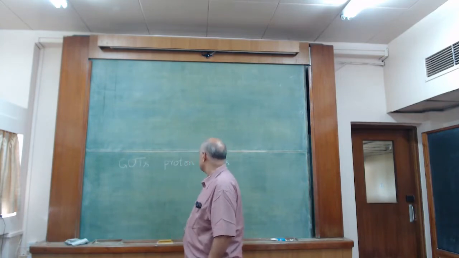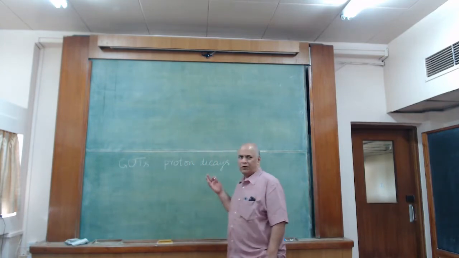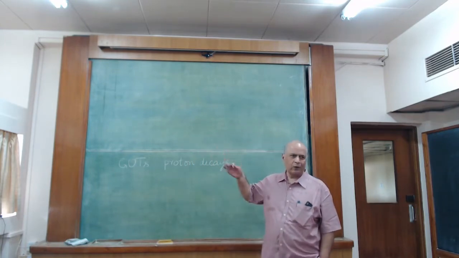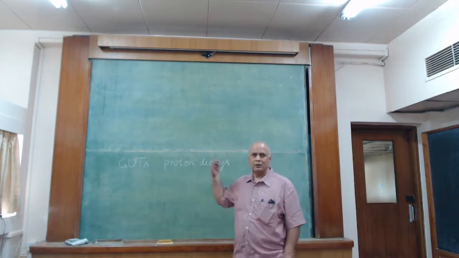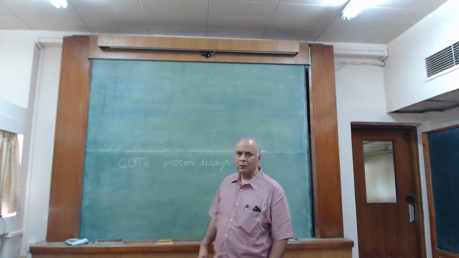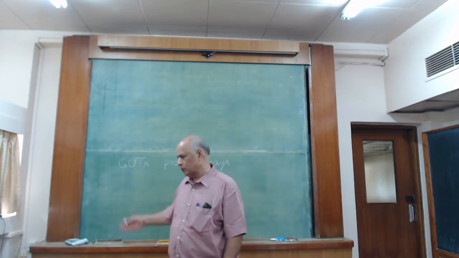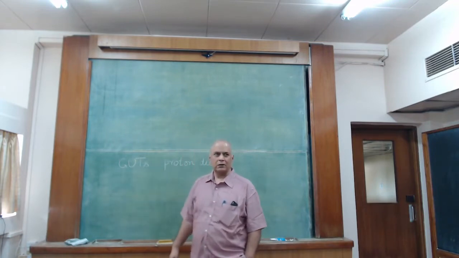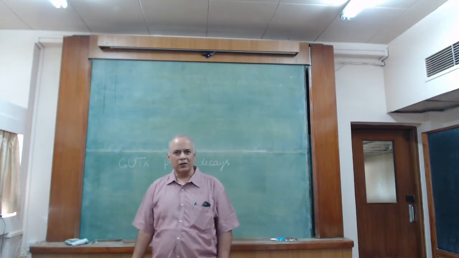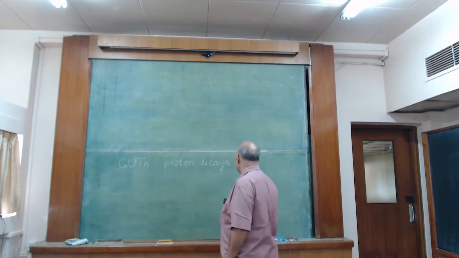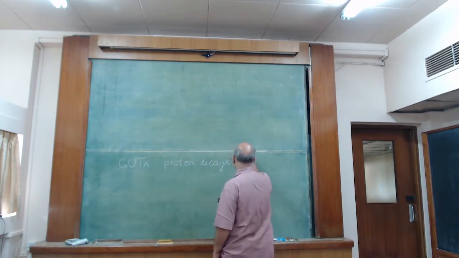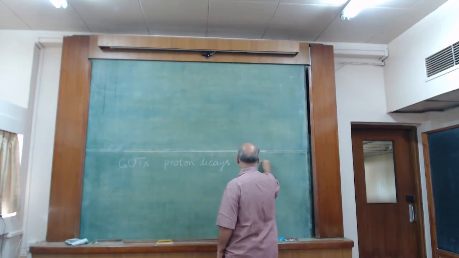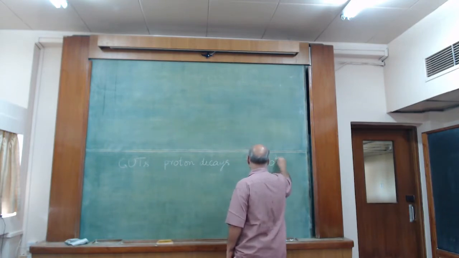So obviously the lifetime of proton should be greater than the lifetime of the universe, and in fact, based on some other considerations of grand unified theories, it was predicted that the lifetime of proton should be something like 10 power 29 years.